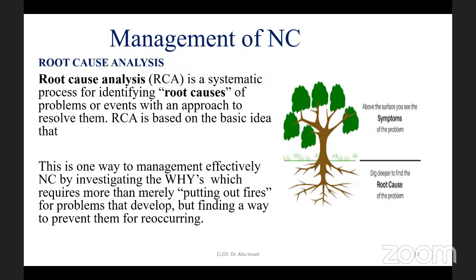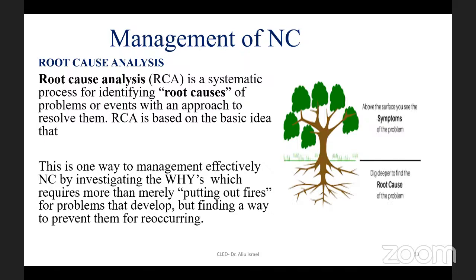There is one way to manage effectively, by investigating the why. If you don't find the root cause of any problem and you are treating such a problem, it's going to lead to you not being able to meet the real problem.